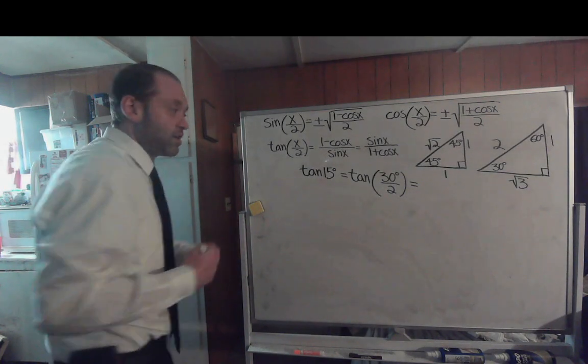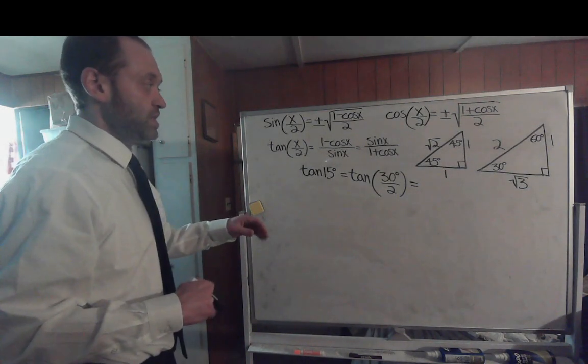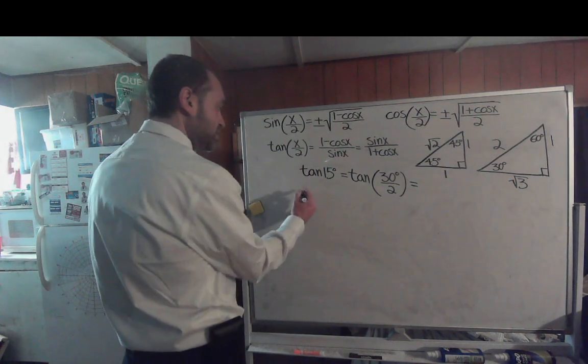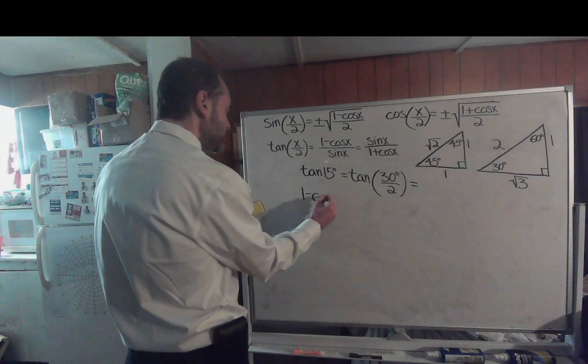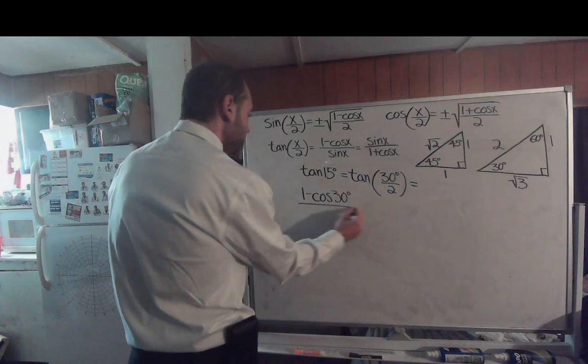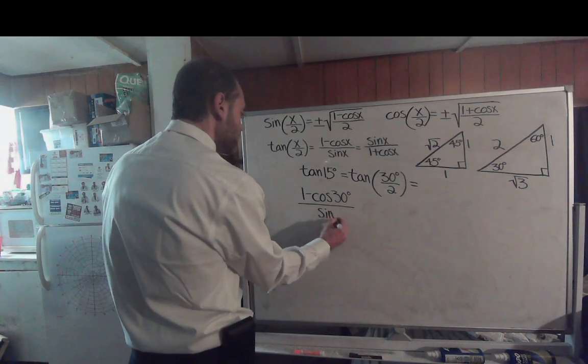So let's apply our half angle formula for the tangent. I'm going to use that 1 minus cosine of x over sine of x. So this would be equal to 1 minus the cosine of 30 degrees, all that divided by the sine of 30 degrees.